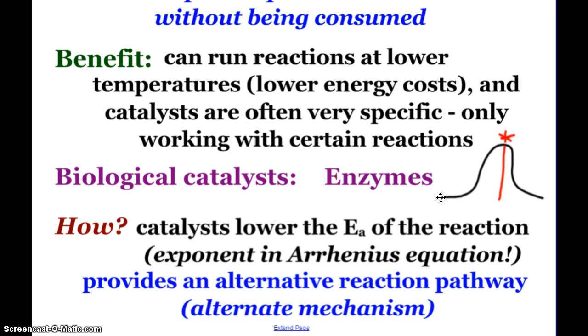And what a catalyst is going to do, as we'll see here, is lower that amount of activation energy. And so the lower that amount, there's our bell, the lower that amount, the quicker the reaction will then proceed. And another way to think about it is it's providing an alternate reaction pathway, which is going to involve an alternative mechanism for how that reaction proceeds.